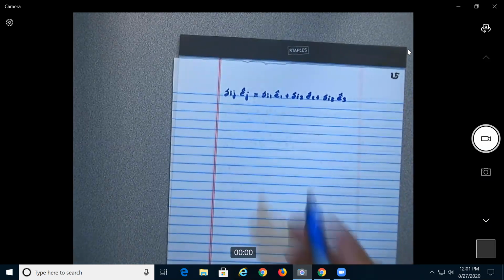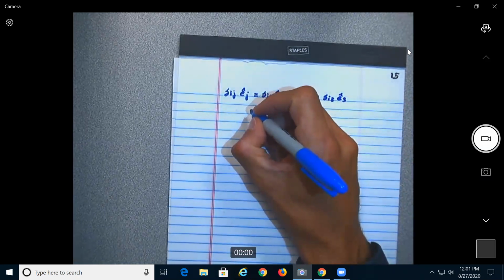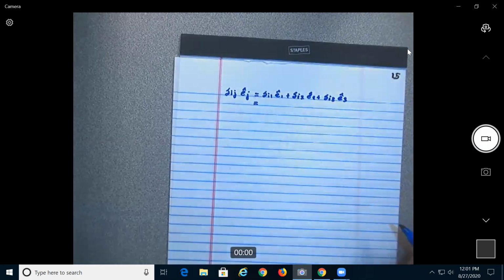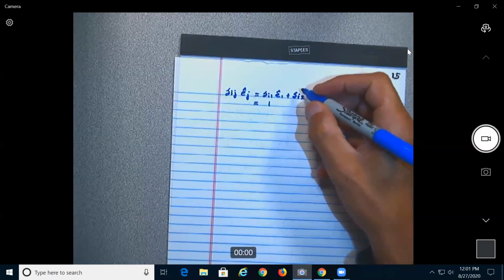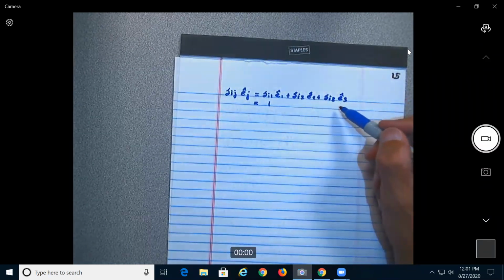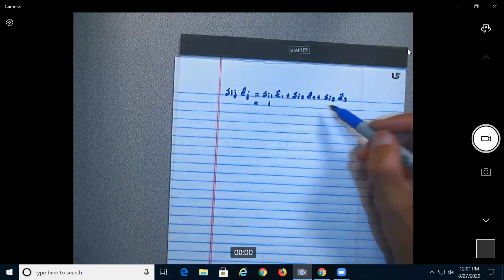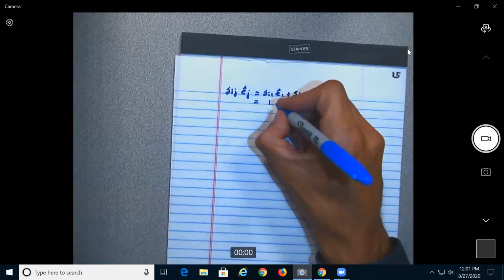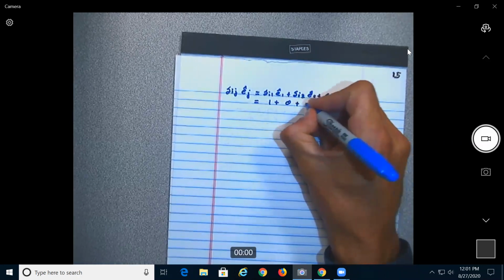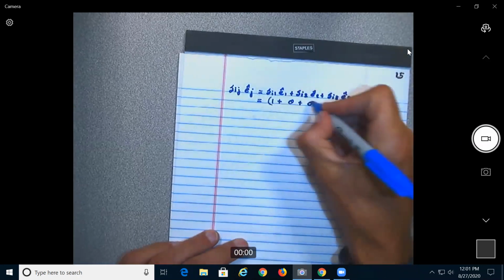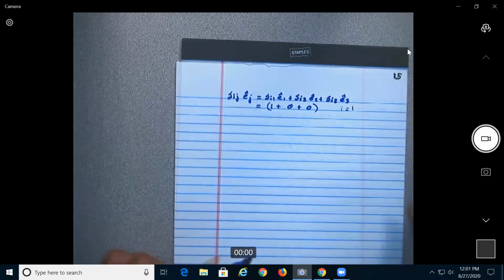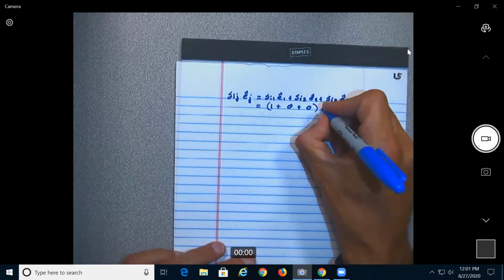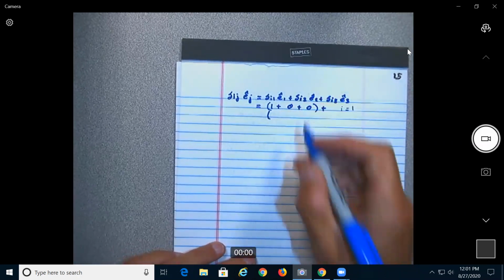So now, if I do the same thing, if i equal to 1, what will you have? So you have 1 plus 0 plus 0. Okay? Then what happens if the i is equal to 2?